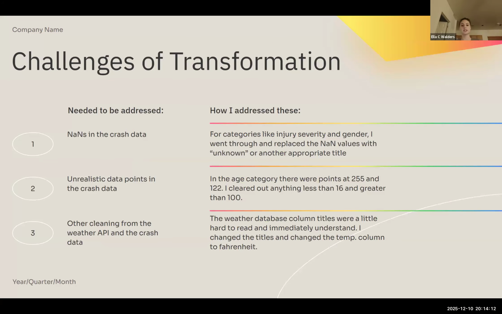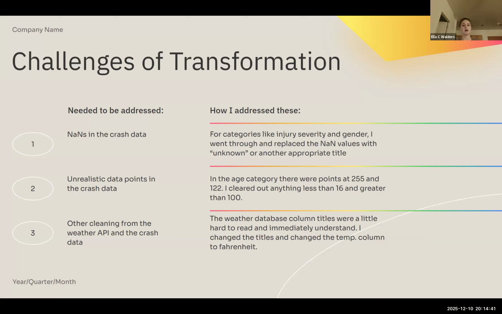So then, challenges of the transformations. Obviously you have to look for non-data values in both the API and the crash data, right? So for the crash data from Tempe, I went through and replaced all of the categorical data such as injury severity, gender, and substance use with an appropriate title.